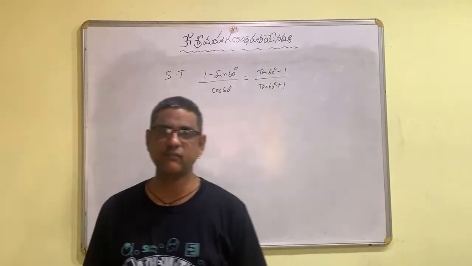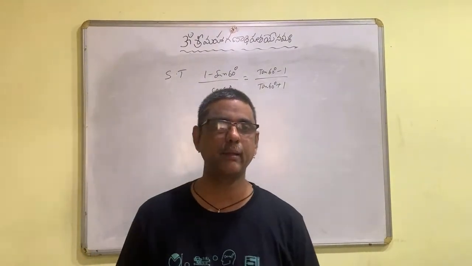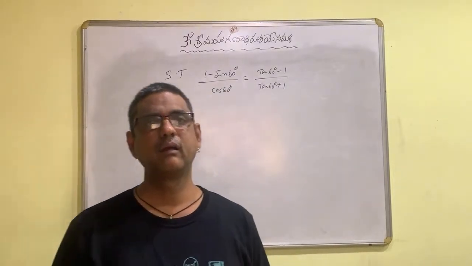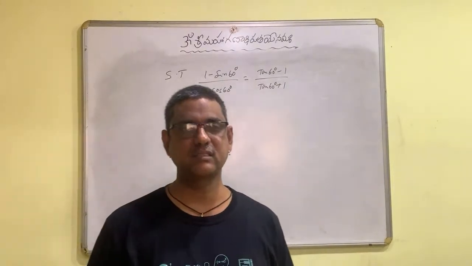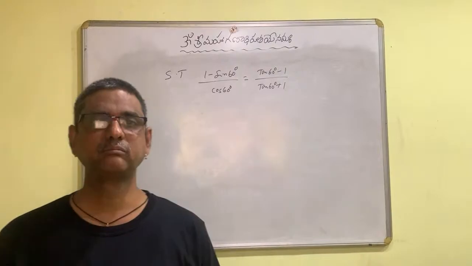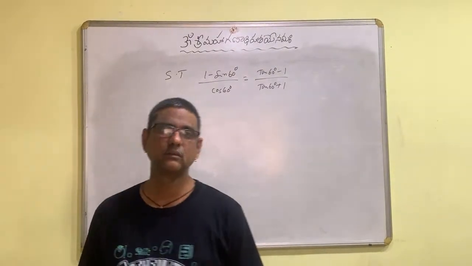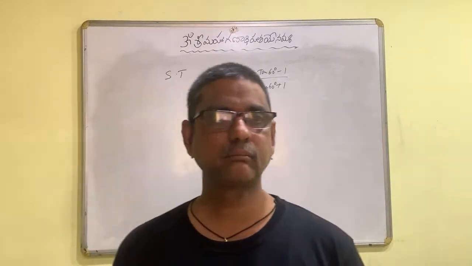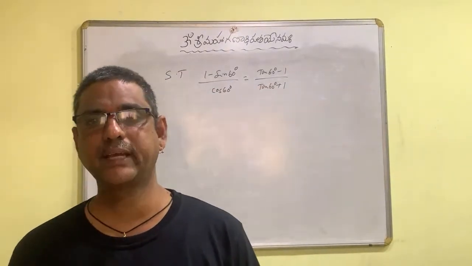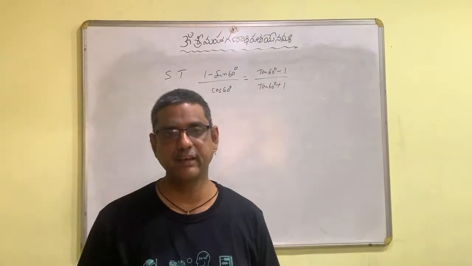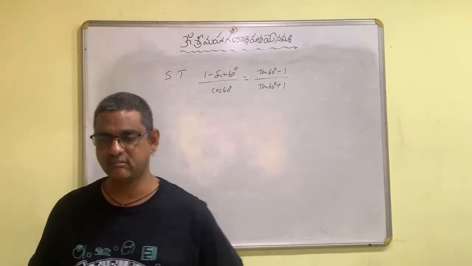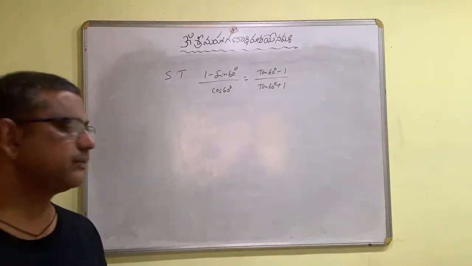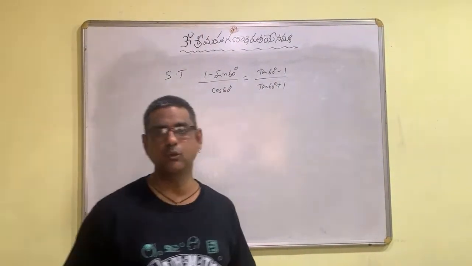I told you that if you try to recall values for sine A: sine 0, sine 30, sine 45, sine 60, sine 90, then automatically we can tell the values for the remaining ratios also.